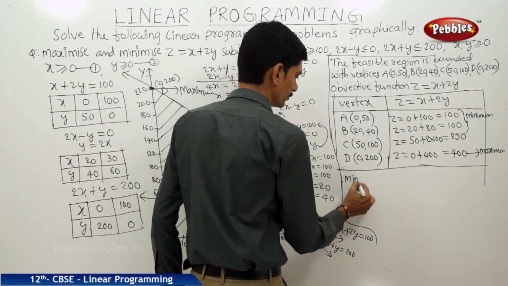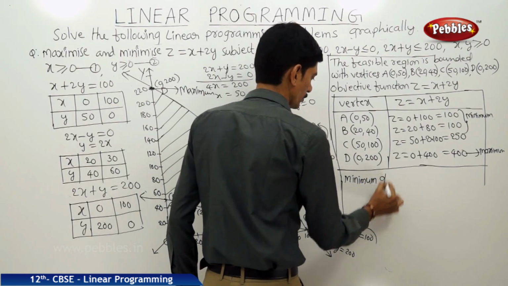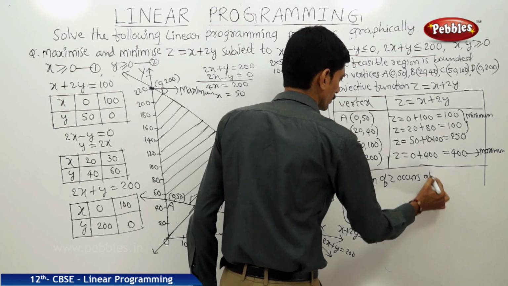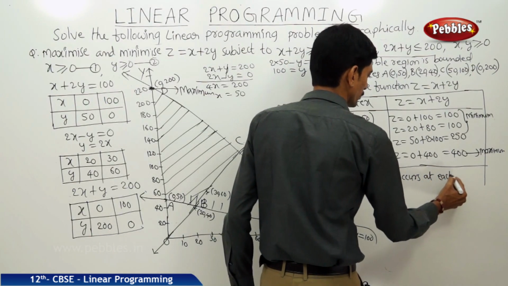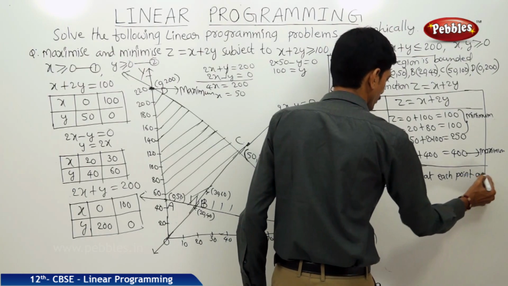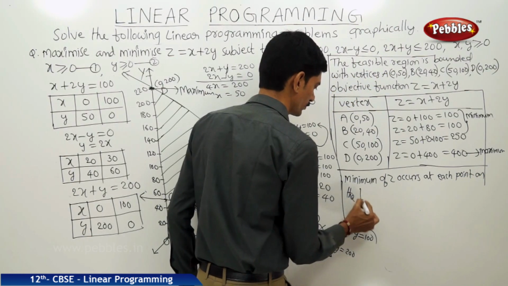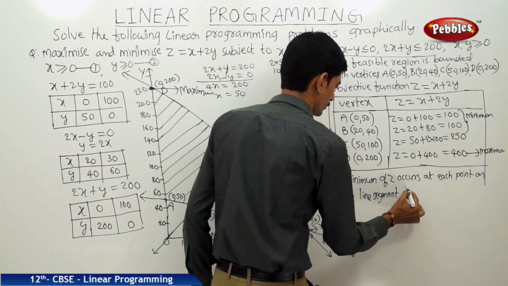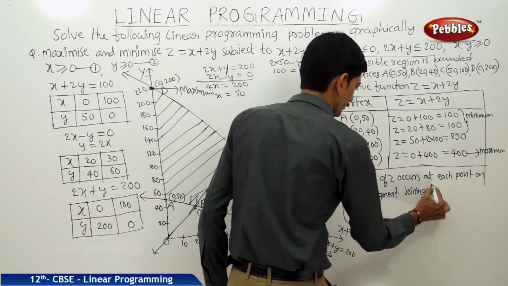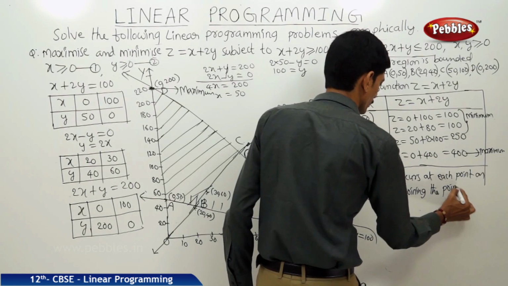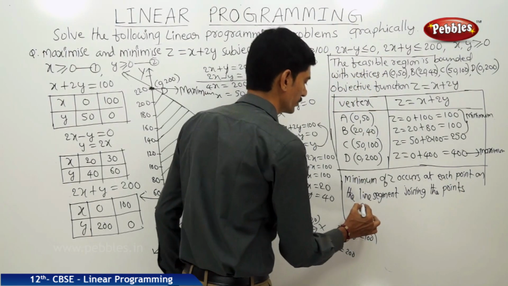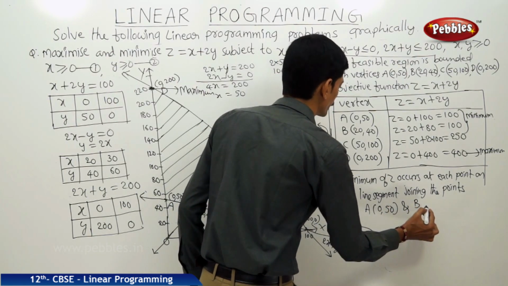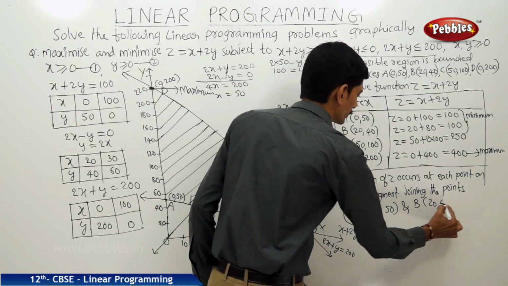So the minimum value of z occurs at each point on the line segment joining the points A (0, 50) and B (20, 40).